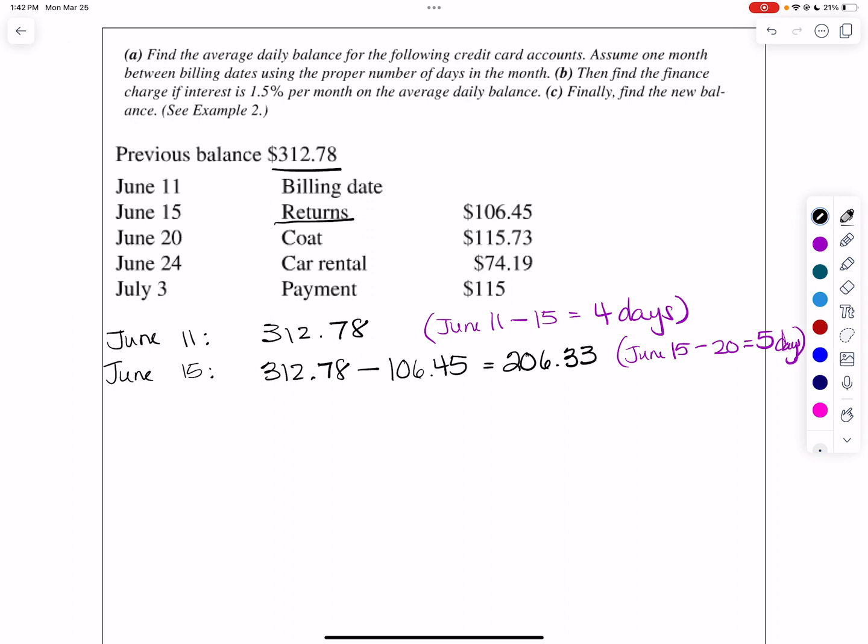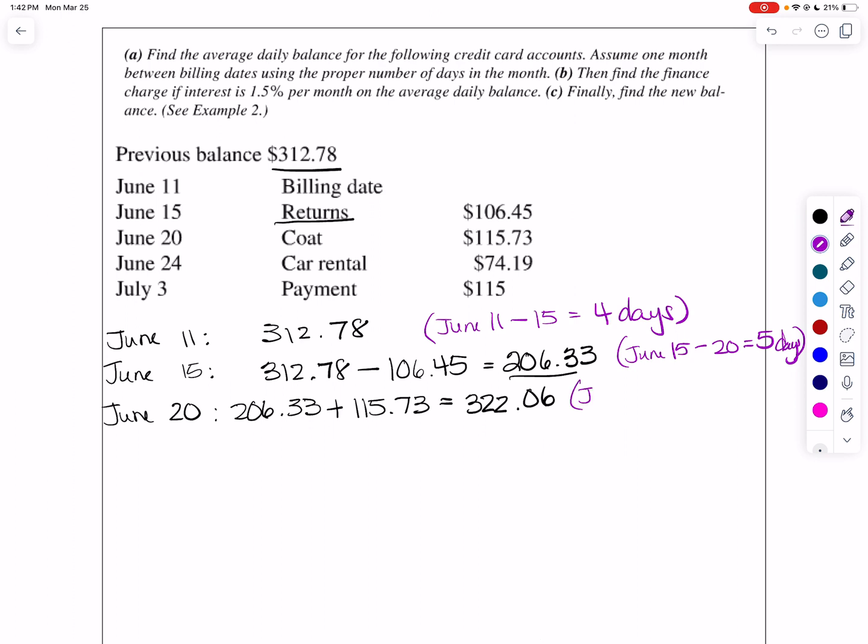So now we go June 20th. We take the last balance, $206.33, and we purchase a coat for $115.73. So now we have $322.06 on our balance, and that stays in the account from June 20th to the 24th, which is 4 days.